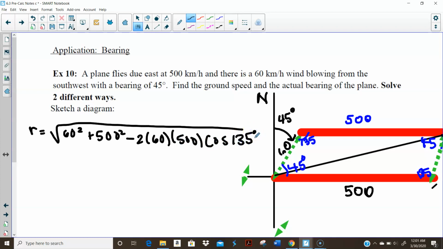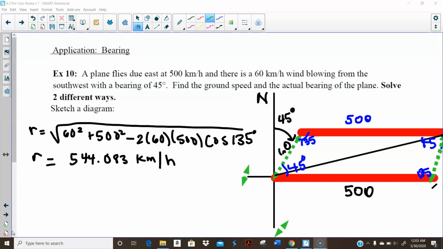You're going to make sure that your calculator is in degree mode. You're going to throw that all into your calculator, and you're going to end up getting 544.083 kilometers per hour.